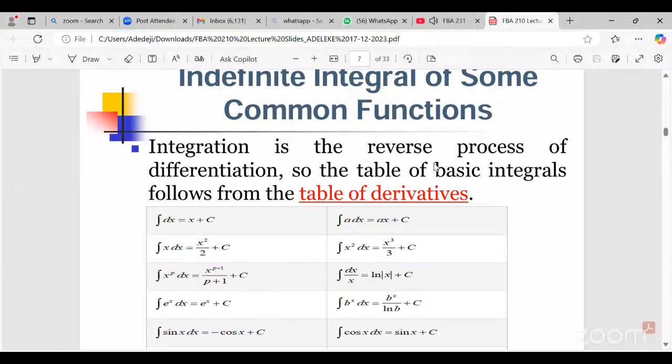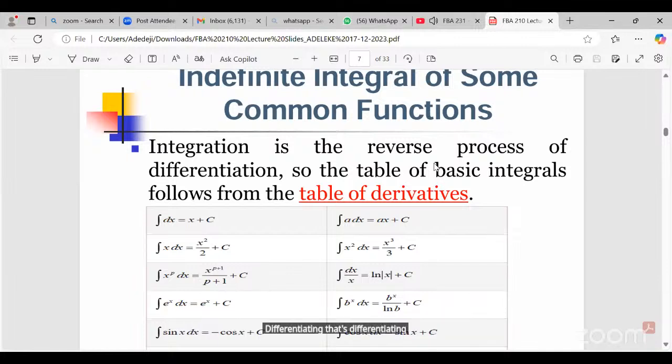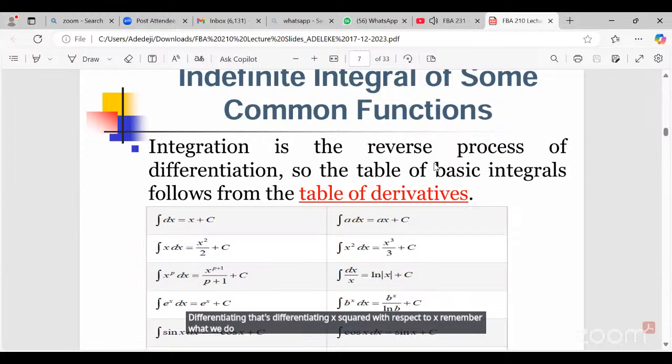I'm sure we can still recollect differentiation: if you have a function x squared, for instance, and you are differentiating x squared with respect to x, remember that generally you use the power to multiply the function.